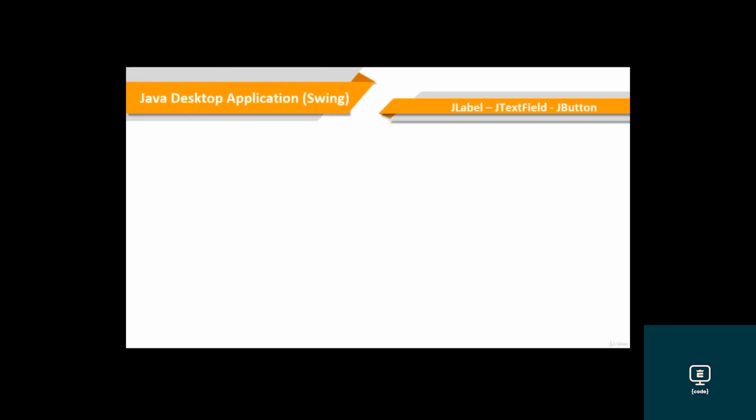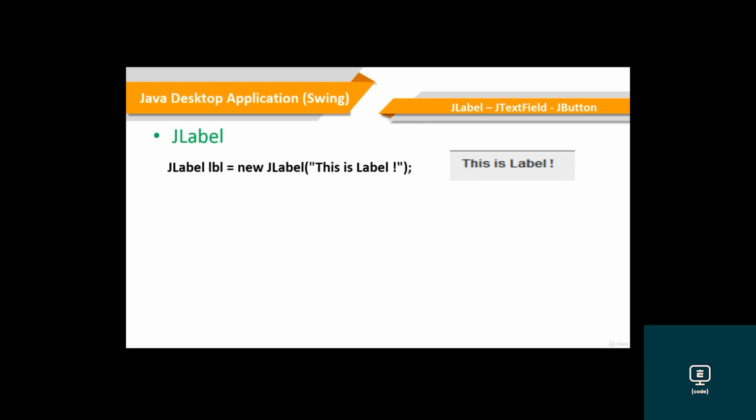JLabel, JTextField, JButton. So guess what? In this section, we're going to learn some basic components of Swing. JLabel is a class of Java Swing, and it's used to display a single line of read-only text. The text can be changed by an application, but a user cannot edit it directly.